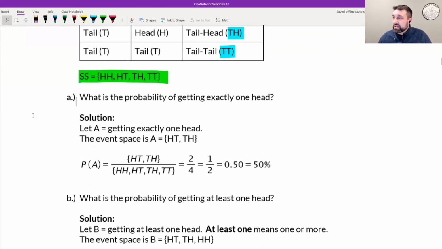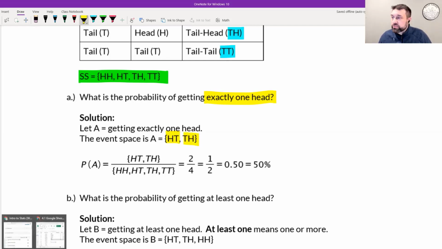So what is the probability? And here we go. What is the probability of getting exactly 1 head? So you flip the coin two times, and you get exactly 1 head. Well, what outcomes meet that condition? Heads, tails, and tails, heads. Of the 4 outcomes, which satisfy the condition that they have exactly 1 head?